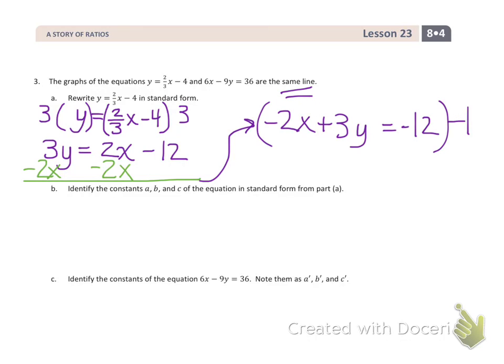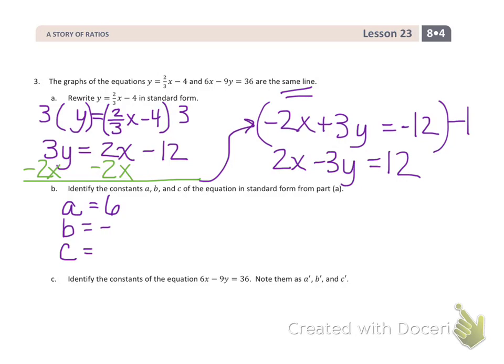So what do I have? When I multiply all these terms by negative 1, I get 2x minus 3y is equal to positive 12. Okay, so what are the coefficients a, b, and c of the equation in standard form from part A? The coefficients would be 6, negative 9, and 36.